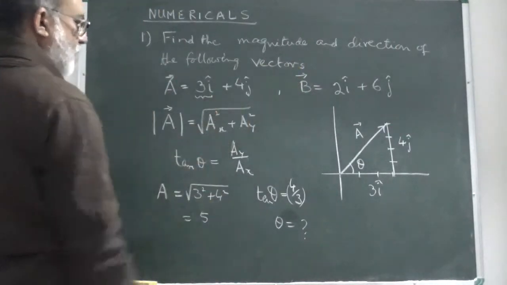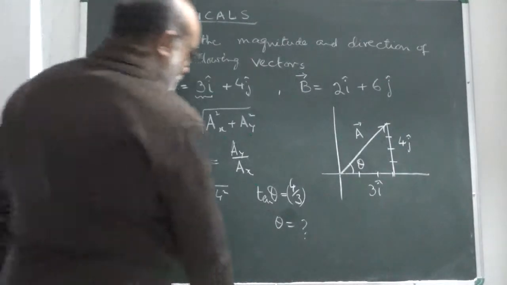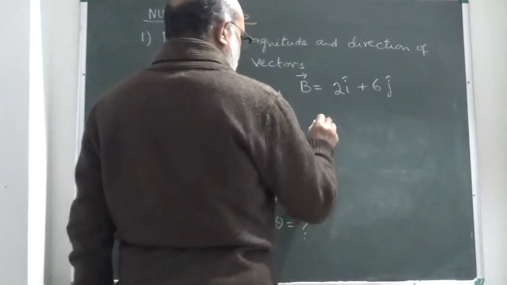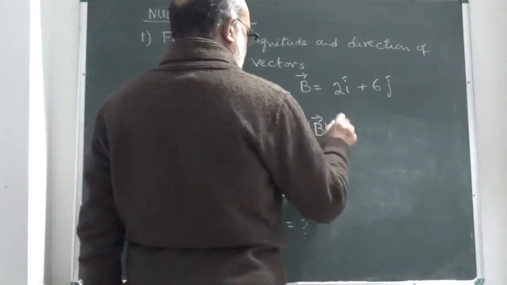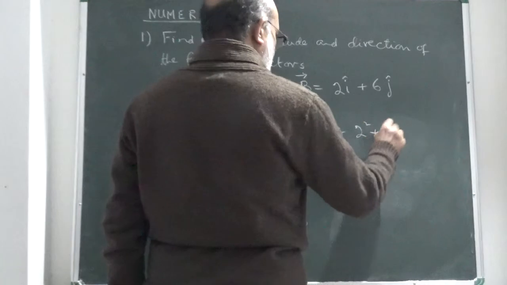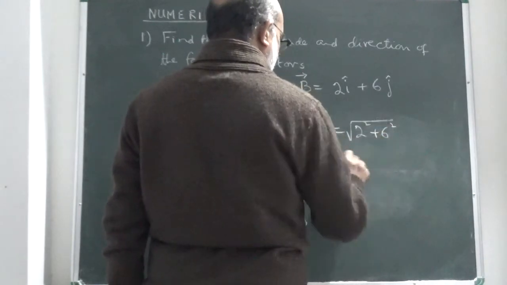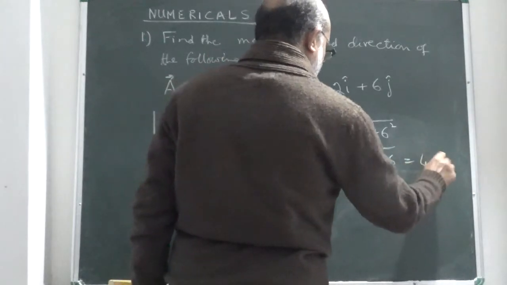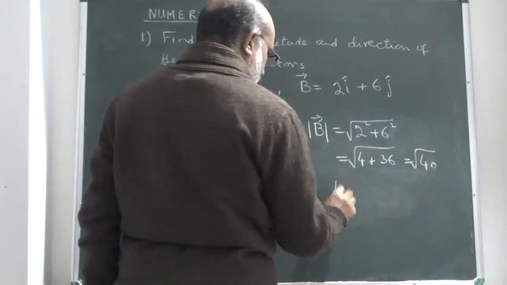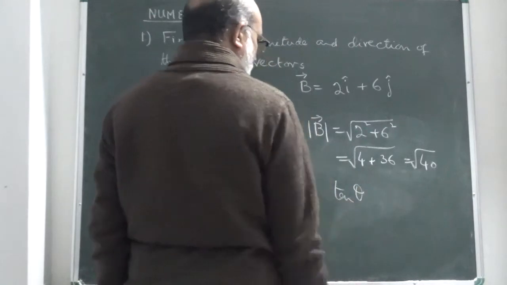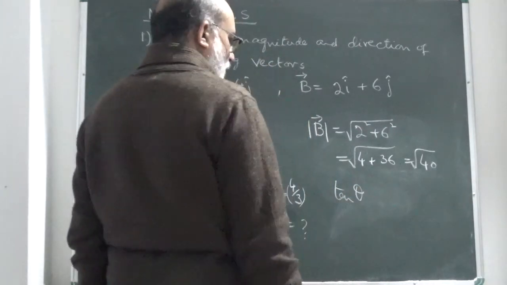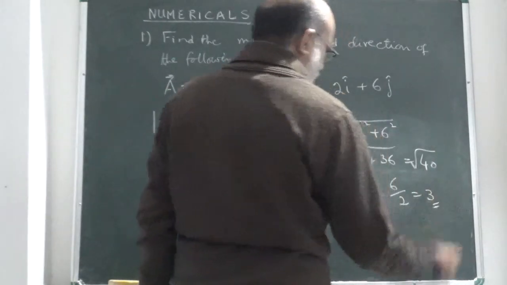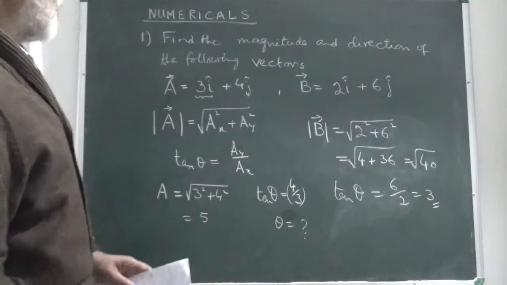Similarly, we can find the magnitude and direction of vector B. The magnitude of B will be the root of 2 square plus 6 square, 4 plus 36, that is 40. And the direction, tan theta will be 6 by 2, that is 3. So in this way we can find the magnitude and direction.